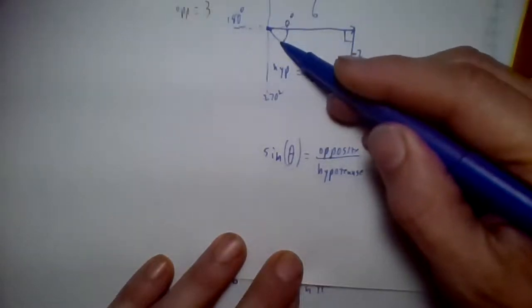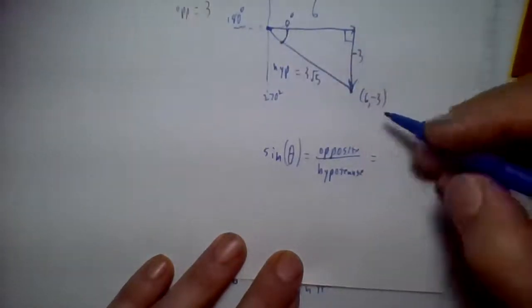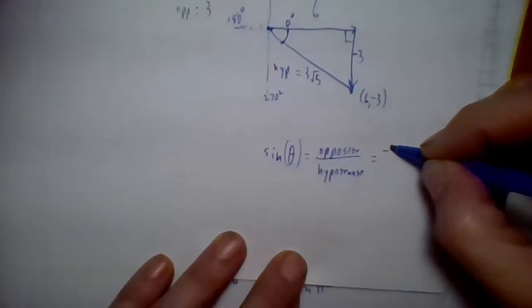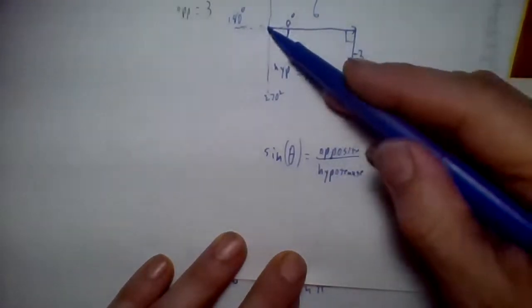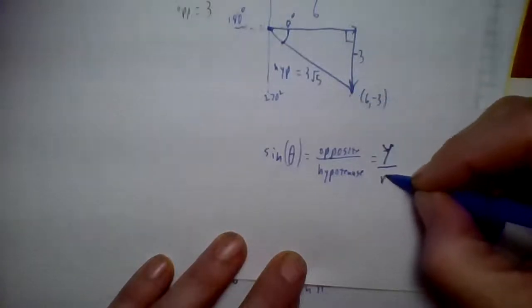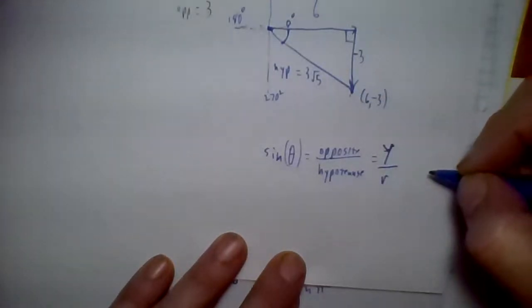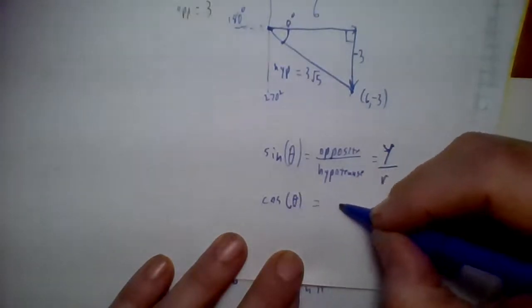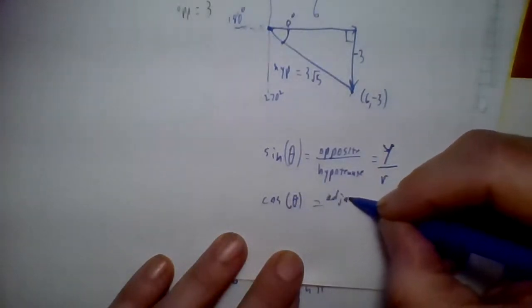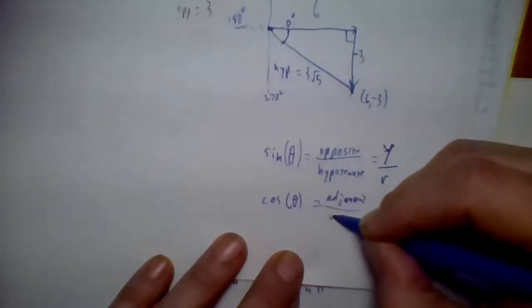Your theta is up here by the origin, and the y value is taking the place of the opposite side. So this is really y, and this hypotenuse is the distance from the origin to that. It's called r. And so sine is y over r.